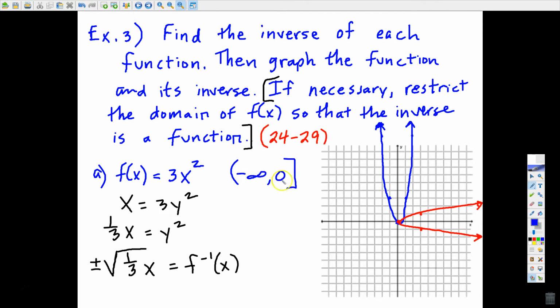Okay, so for the domain that represents the left part of this, we're going to let the left part of this domain restriction represent the negative of these two. All right, so here's my domain restriction, and that's going to go with this.